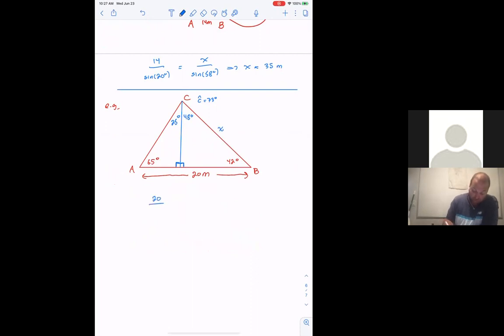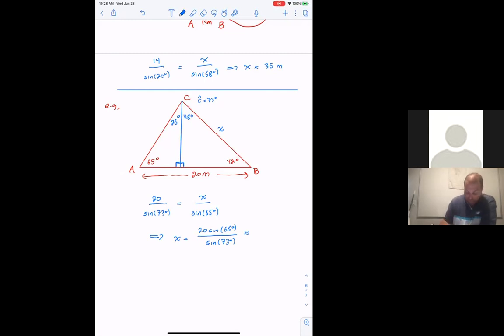So 20, which is the bottom length, over sine of 73 degrees is equal to X over sine of 65 degrees. That's using the outer triangle, which means, without actually taking out my calculator yet, that X is equal to 20 sine 65 degrees divided by sine of 73 degrees, which is approximately 20 sine 65 divided by sine 73.